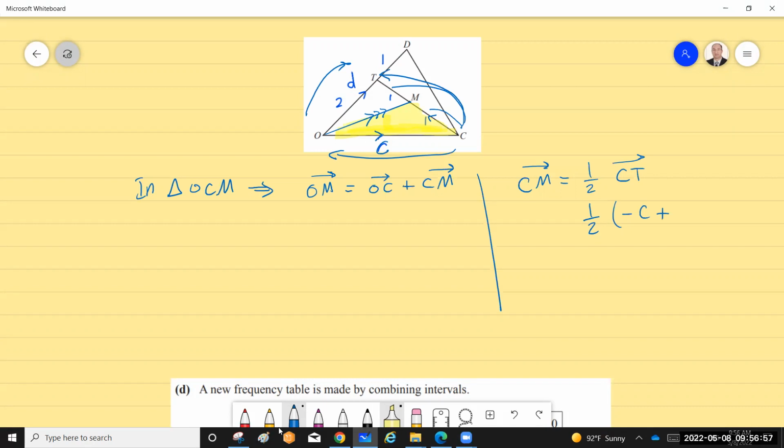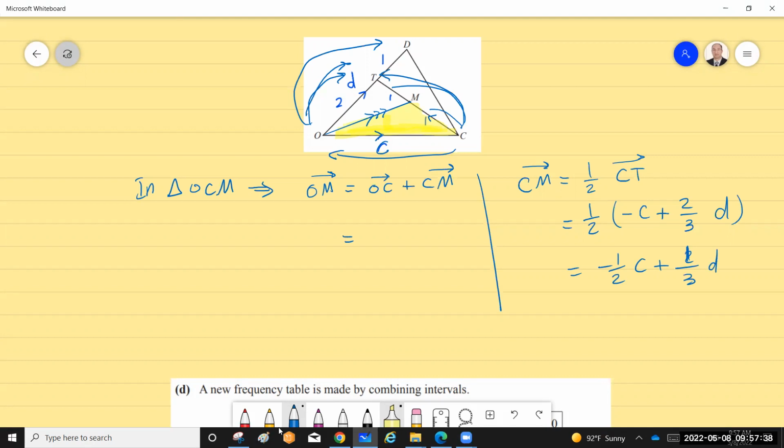OT, as you see here, is 2 parts out of 3 parts of the vector D. So the CM is negative half C plus half times 2/3, which is 1/3 D. This is the vector CM.